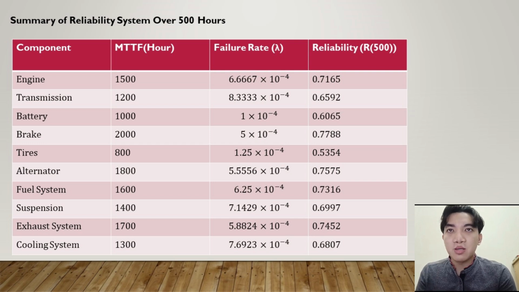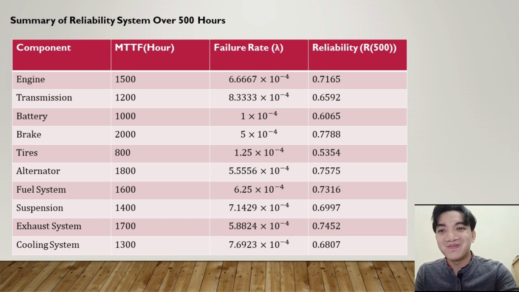In this particular summary, we could see that brake has the highest reliability, which is 0.7788, while the lowest is the tires, 0.5354. So we can conclude that the tire has the lowest reliability of all the car components.